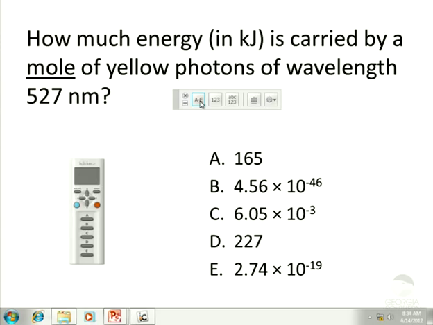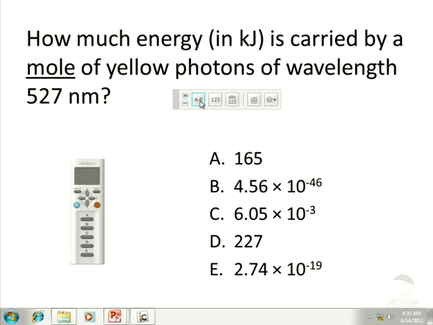The energy carried by a photon, we can calculate as Planck's constant times the speed of light divided by the wavelength. So Planck's constant, 6.626 times 10 to the negative 34. Planck's constant has some interesting units: joules times seconds.